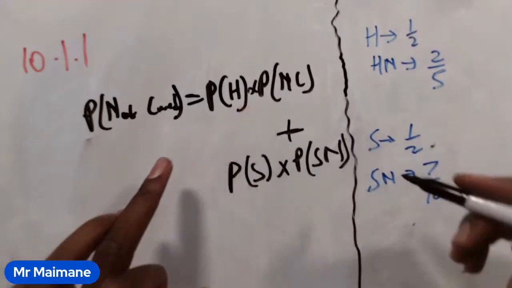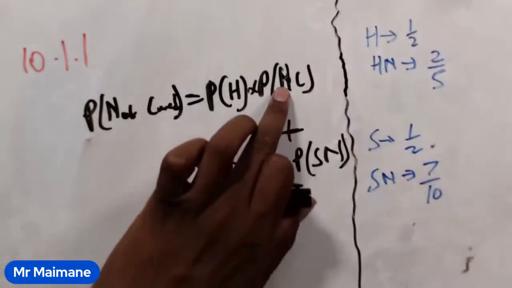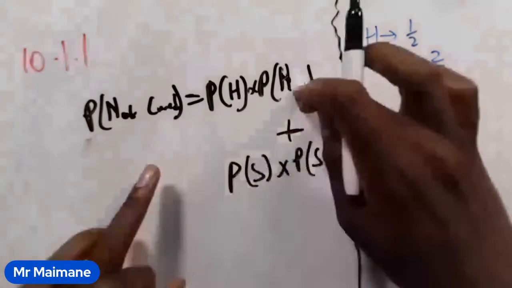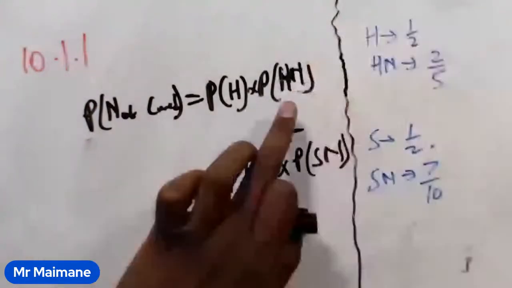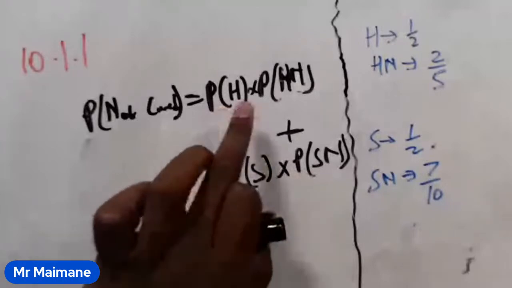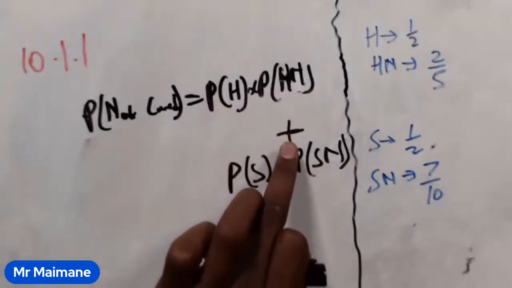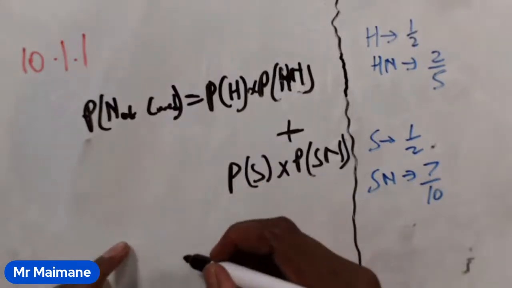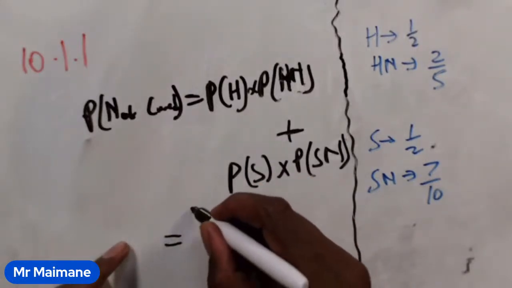So headache not cured, sugar not cured. But then headache is 50% multiplied by the ones that were not cured, plus sugar 50% multiplied by the ones that are not cured. So this is how we calculate the probability.